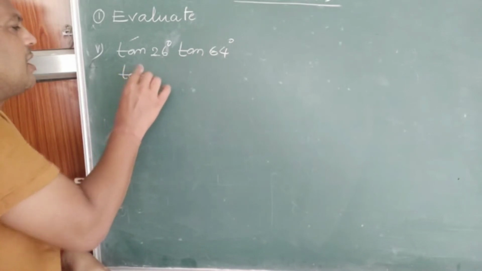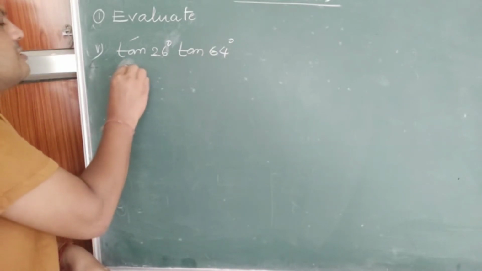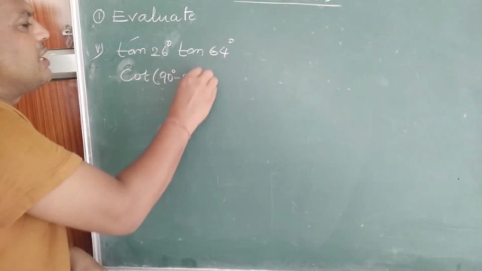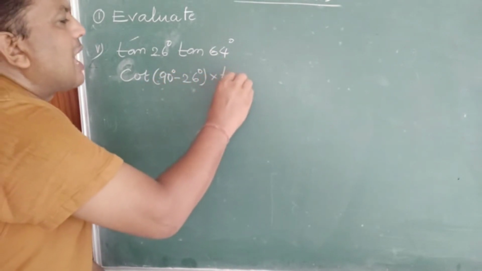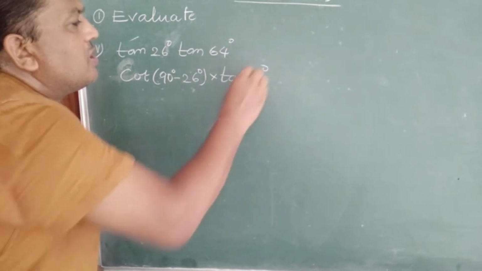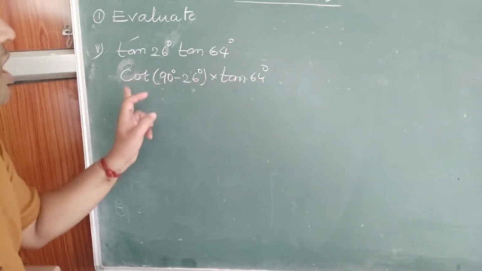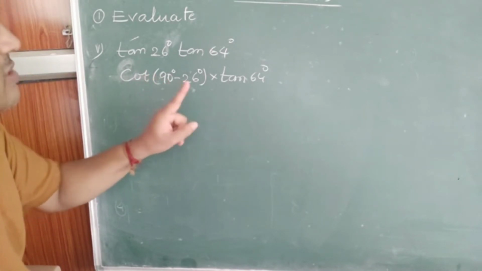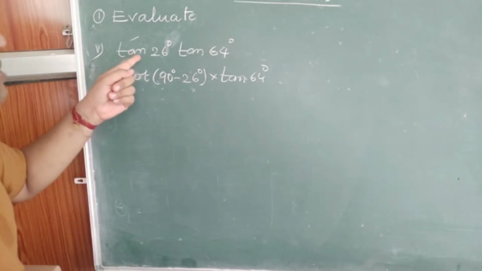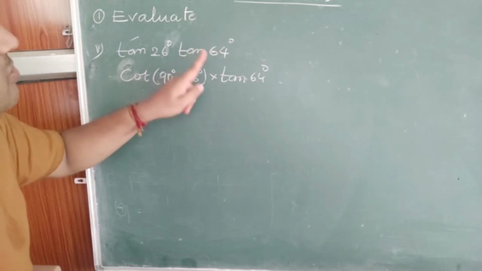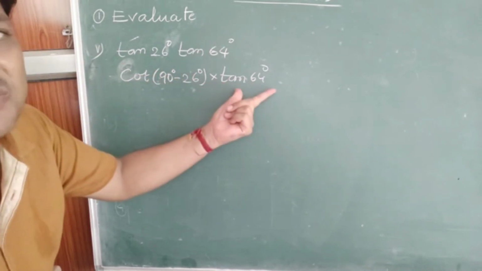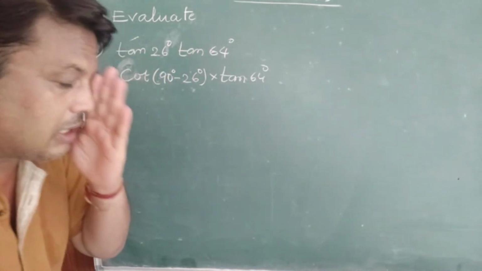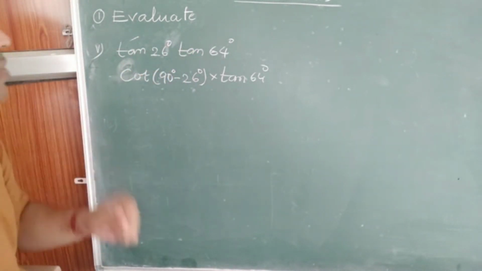I am taking here, in place of tan 26, cot 90 degree minus 26 degree, into tan 64, which I keep. I have told you, if it is only a pair of two, convert only one, such that they can be cancelled. If you convert this into cot and this also into cot, again cot will come. So it's useless. One is tan, the other is cot, so it can be cancelled, children. So don't convert both. Convert only one.